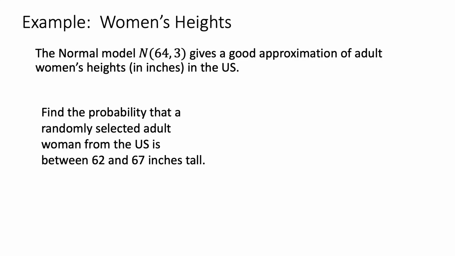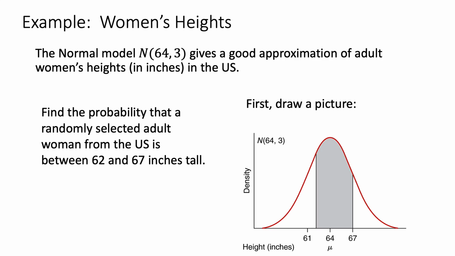Now your picture doesn't have to be perfect, but you want to draw a bell-shaped curve with a center at 64, since our mean is 64, and a spread of standard deviation of 3. Okay? And then I want to mark the area under the curve that I'm interested in.